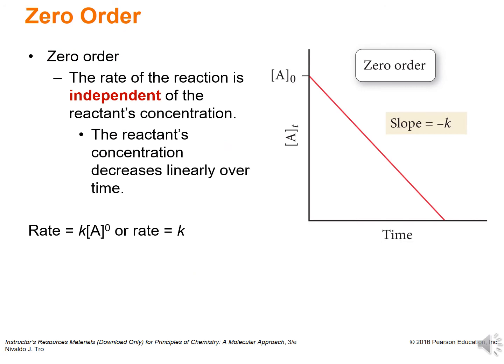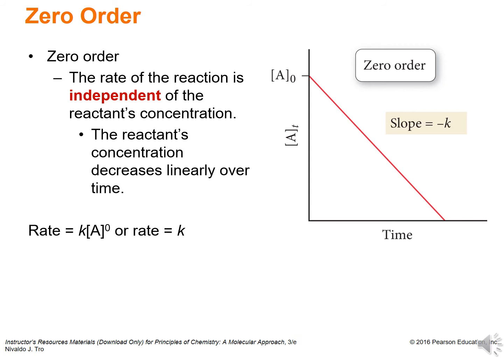All right, so let's take a look at some of the more common orders that we'll encounter here in Chem 2. So zero order: the rate of the reaction is independent of the reactant's concentration. Here we see a zero order plot where we have the concentration as the y-axis and time as the x-axis.